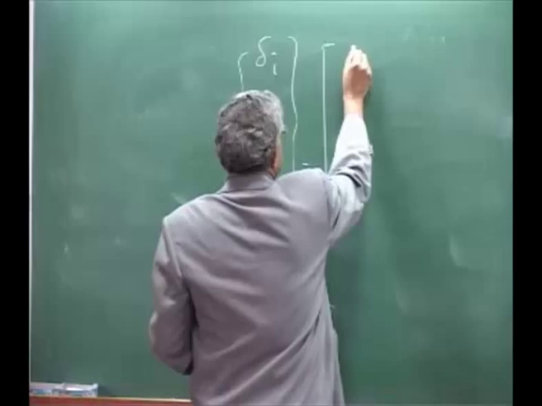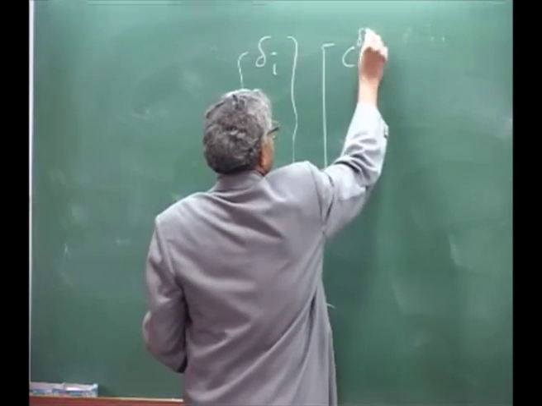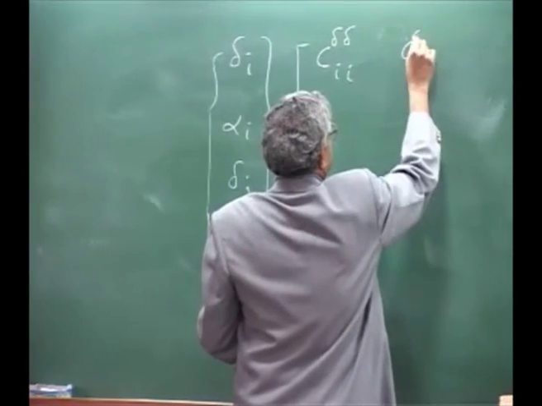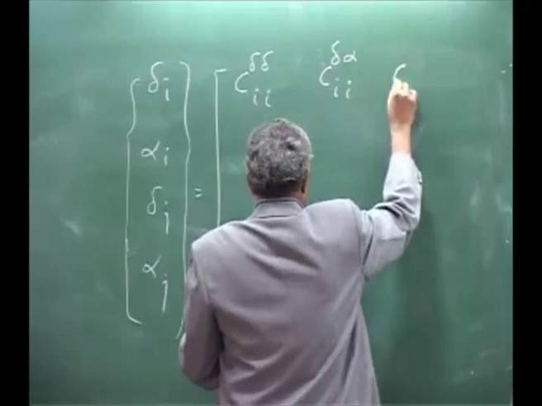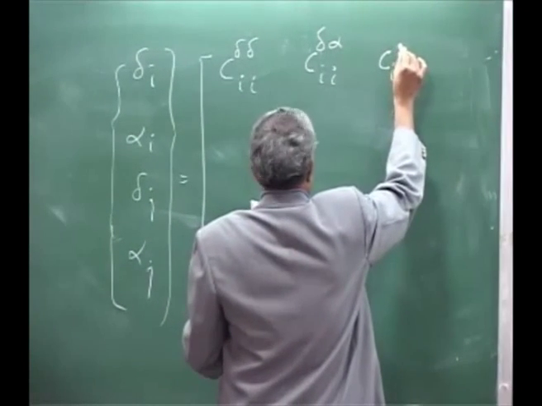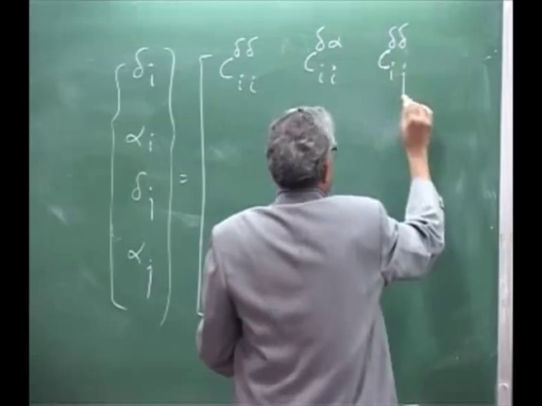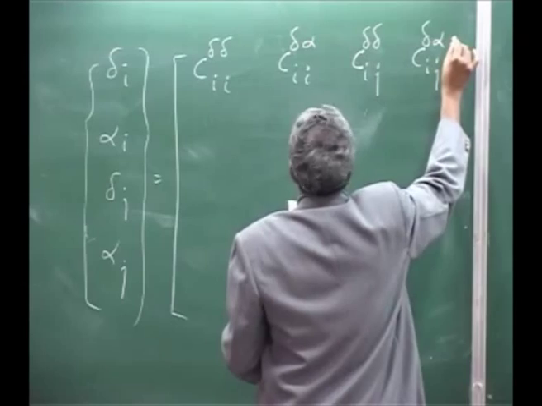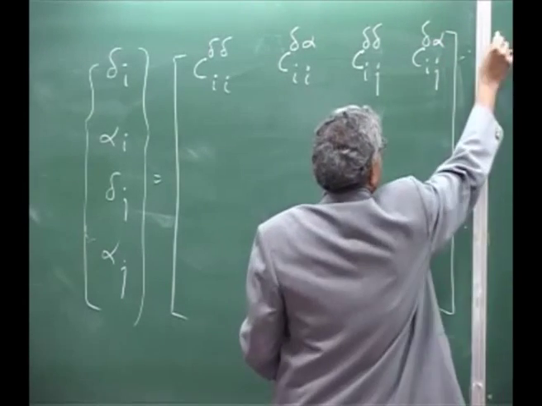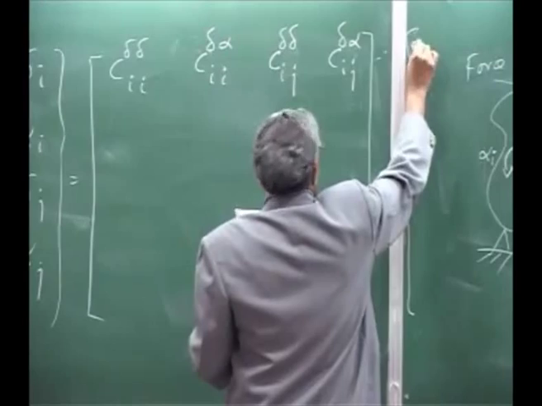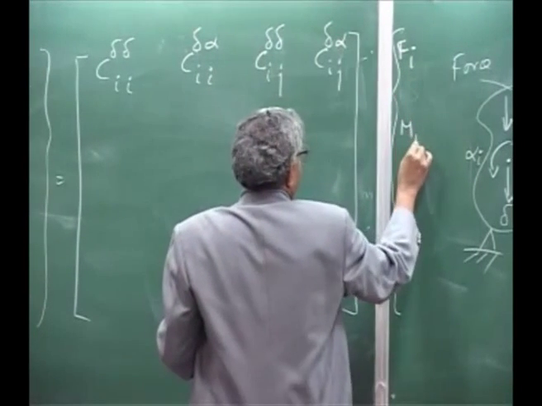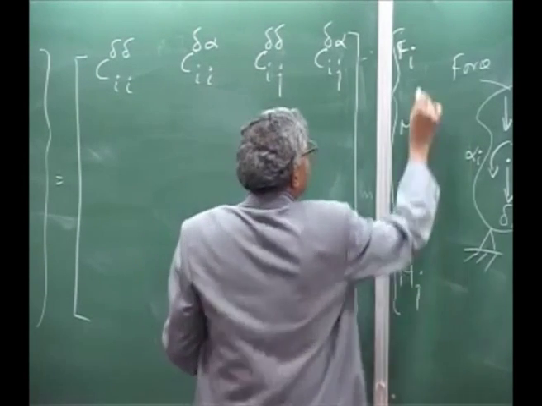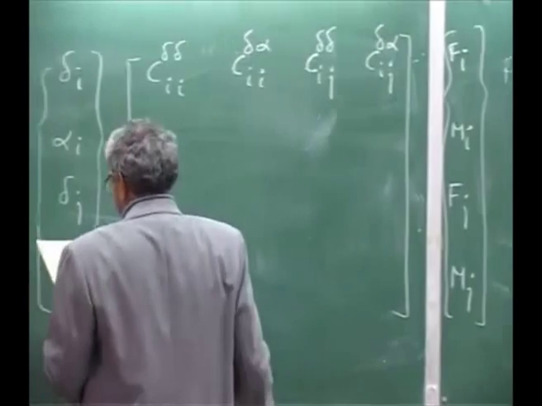That will be Cii delta delta, Cii delta alpha, Cij delta delta, Cij delta alpha. This is multiplied by Fi, Mi, Fj, Mj. So I will fill the whole thing.